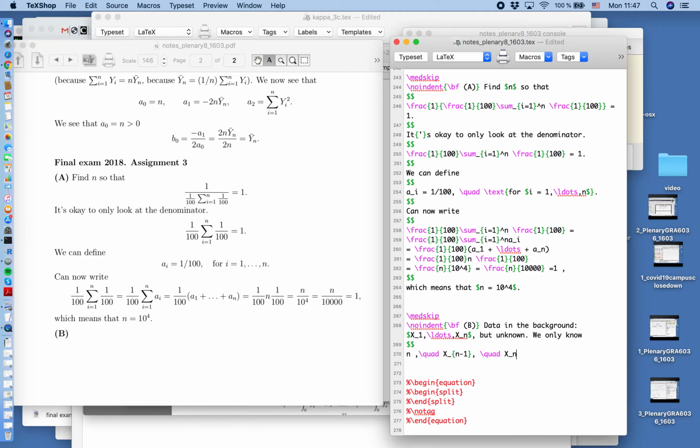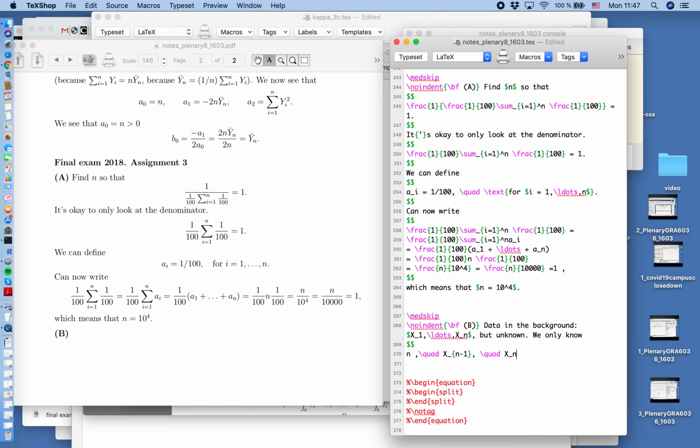And so now we should find a formula for the mean of the n-2 first observations. It can be helpful to write down what this is.